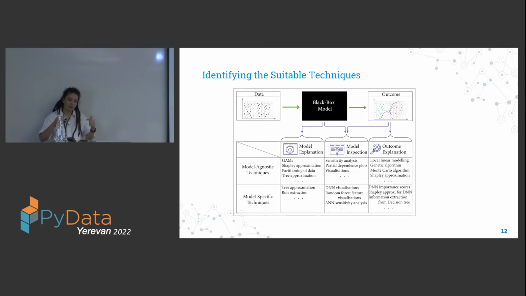So basically a simpler model is replicating a more complicated model, and these are model explanation techniques. Model inspection techniques are usually used to give visual or textual explanations to users throughout training the model, for example sensitivity analysis and visualizations that help the user understand each stage of the model, how something changed or what happened to the model.